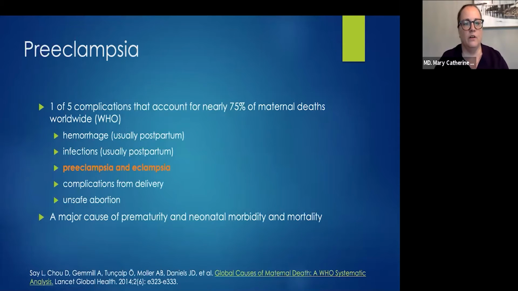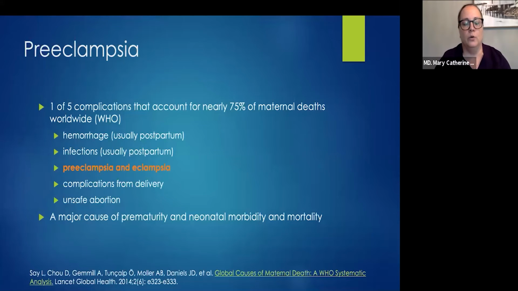So I think we are all familiar with the fact that preeclampsia is a major cause of morbidity and mortality in pregnancy. So I won't spend too much time on this, but I did want to point out one statistic from the World Health Organization: these 5 complications listed here, which do include preeclampsia and eclampsia, account for 3/4 or 75% of maternal deaths worldwide.